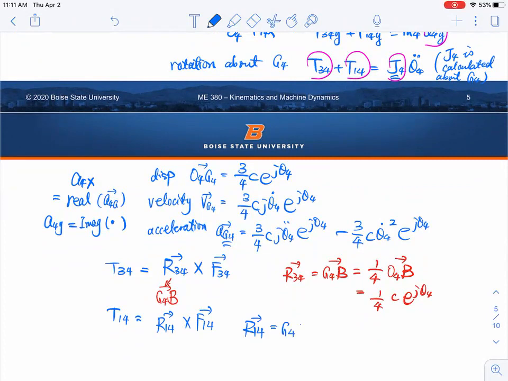The force is applied at O4. So that's the vector you need to find out. It's really hard to find G4O4, but if we reverse it, then it's relatively easy because that's 3/4 C e^(jθ4), and then there's a minus sign in front. Okay, make sense?